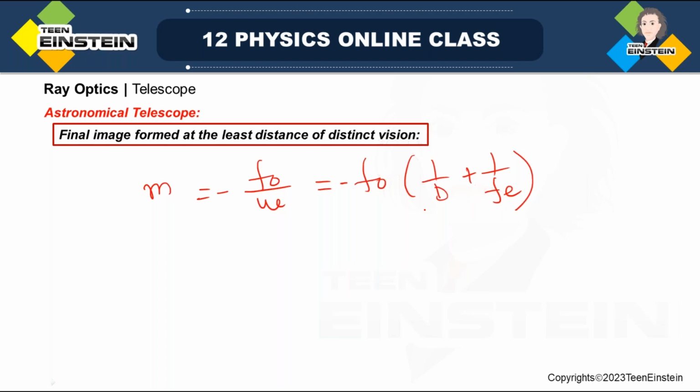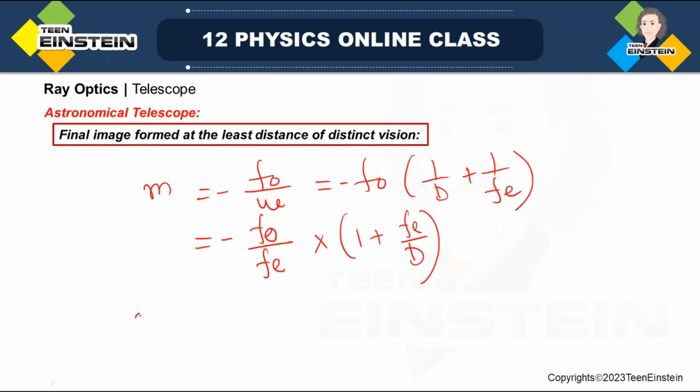Okay, so if we take the FE common, it will be 1 plus FE by D here. Sorry, here it will be multiplication.